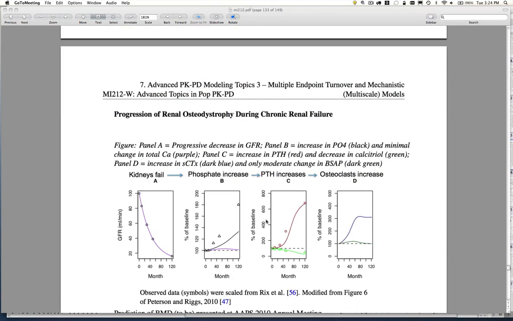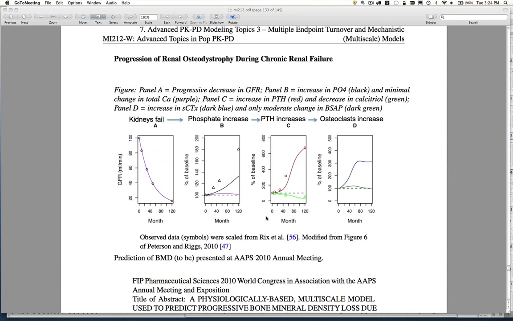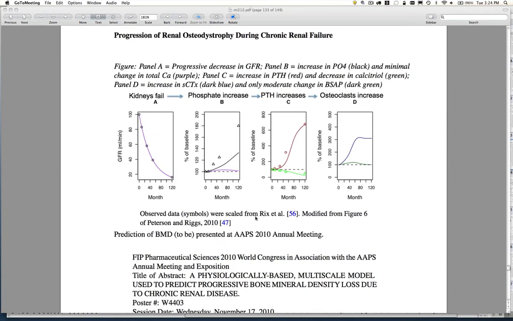So what we did was we actually found a paper that had a lot of the pertinent data in it, this paper by Ricks et al. It looked at the model and imposed a situation of what if we had a person that had a GFR of 100 mils per minute, and 10 years later that had dropped to, I believe, about 10, maybe 12 mils per minute.